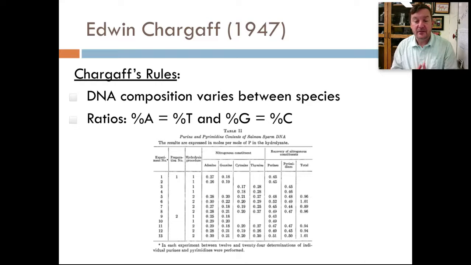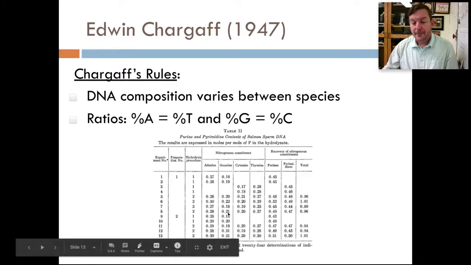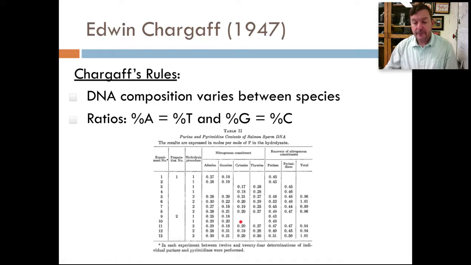What he discovered was that the percentages of adenine and thymine were always roughly equal, and the percentages of cytosine and guanine were also always roughly equal. You can see that right here in the middle column. He gave us the beginning of the understanding that adenine and thymine are always paired together in DNA, and cytosine and guanine are always paired together.